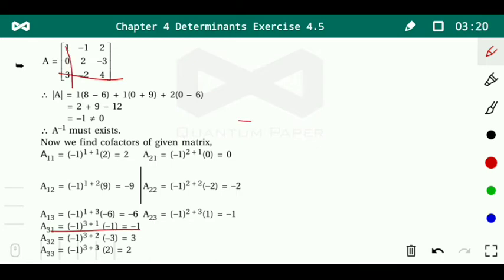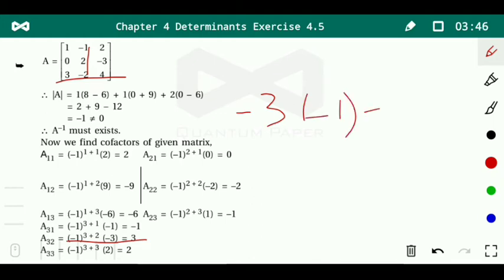So minus 1 by 3 minus 4, sorry, here plus 3, it will be minus 1, and multiply with minus 1 raised to 4, which is plus 1. So the answer is minus 1. Next A32. We remove third row, second column. So only minus 3, because 0 2s are 0. So minus 3 into minus 1 will be 3, because we multiply by minus 1 raised to 5, which is minus 1. So capital A32 will be plus 3.